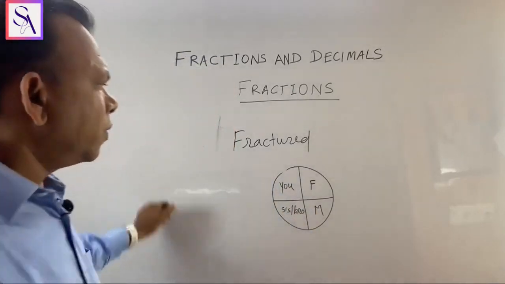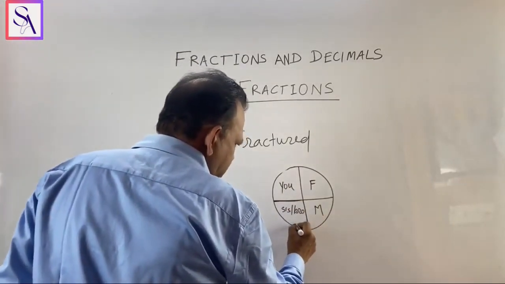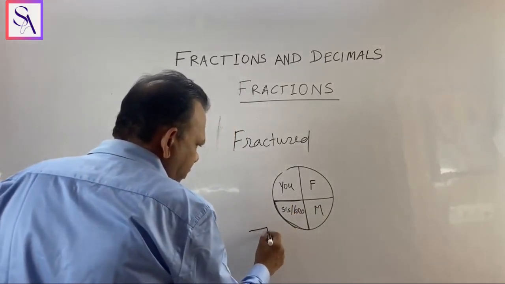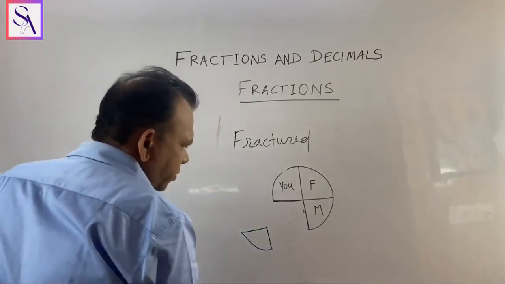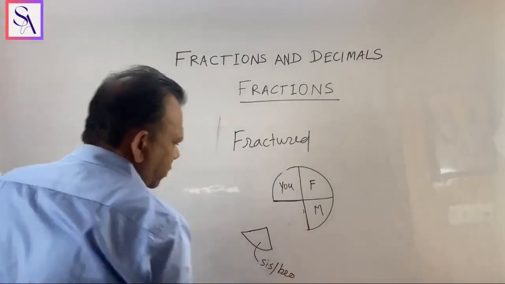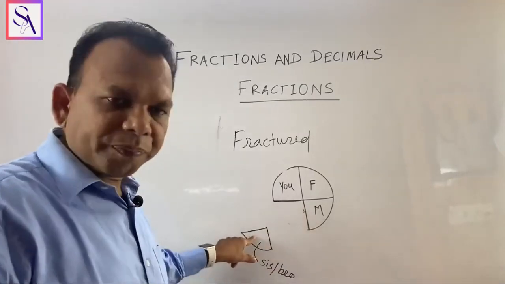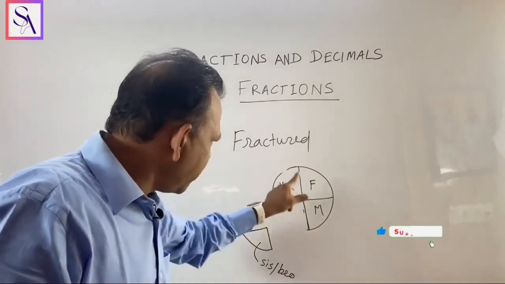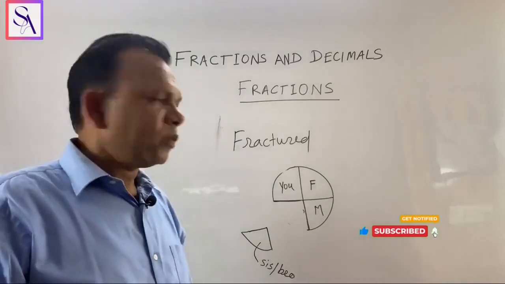Right? So this particular portion, if I take it out like this, one portion you are going to give to your sister. So out of this whole pizza, you will divide 4 parts, and 1 part you are going to give to your sister.